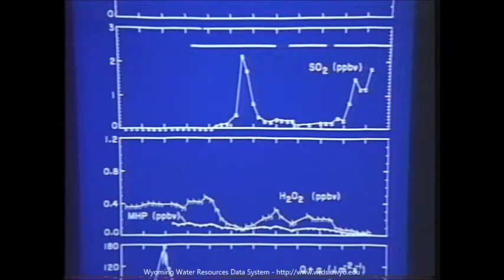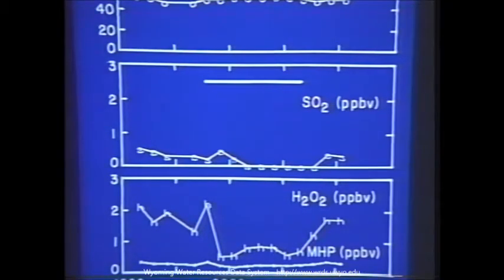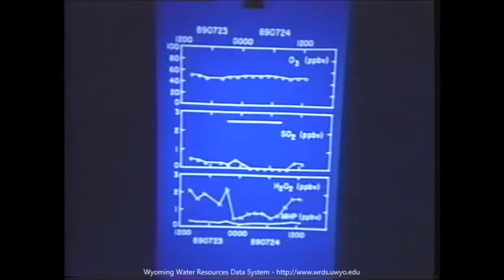So except for these plume intervals, there is an abundance of oxidant relative to the amount of SO2 that's around to react with it. Now, it's even more evident in the summertime study that we did. You can see here, again, this horizontal line indicates the presence of cloud at the observatory. This is the SO2 measurement. We're at about 2 or 3/10 of a part per billion by volume, and the hydrogen peroxide levels are at 2.